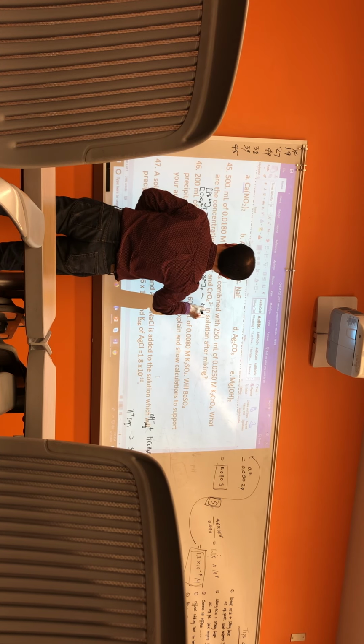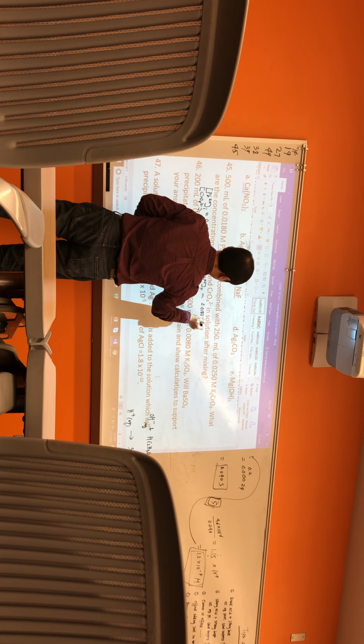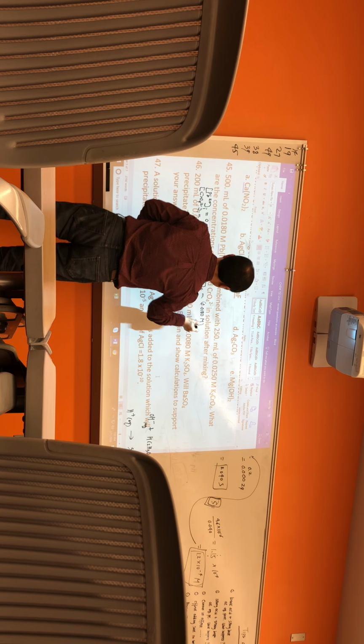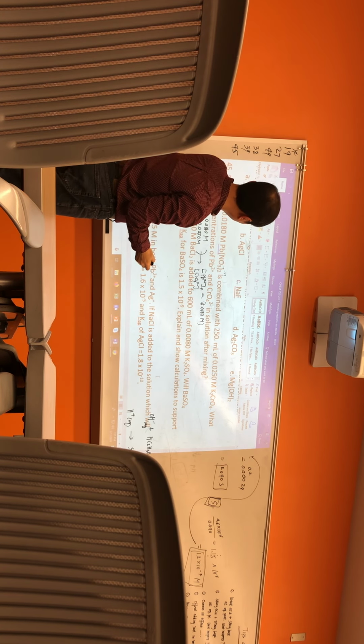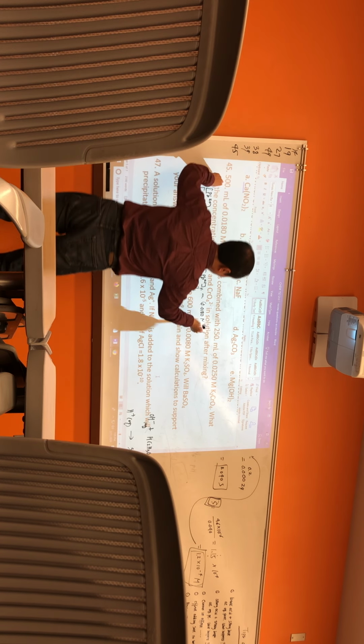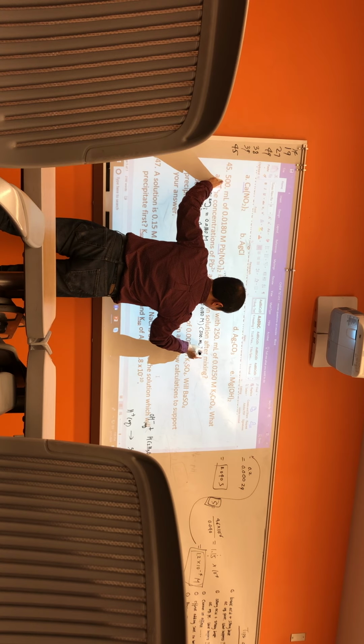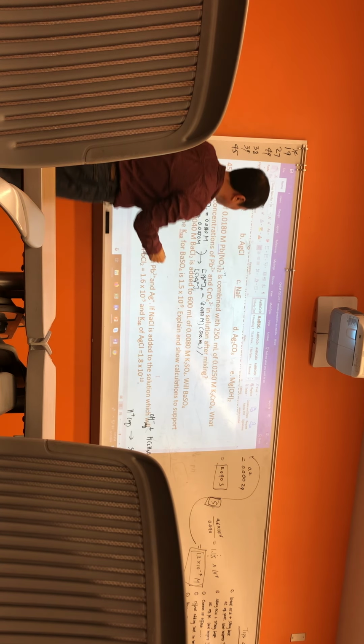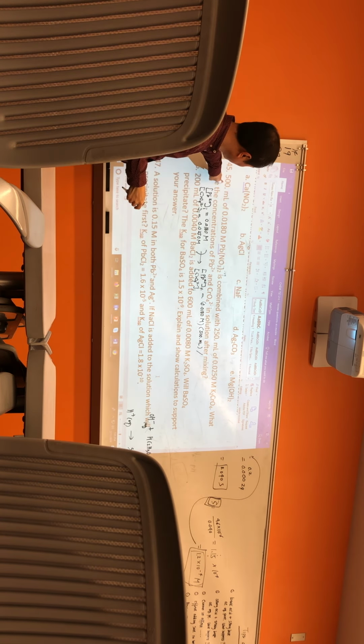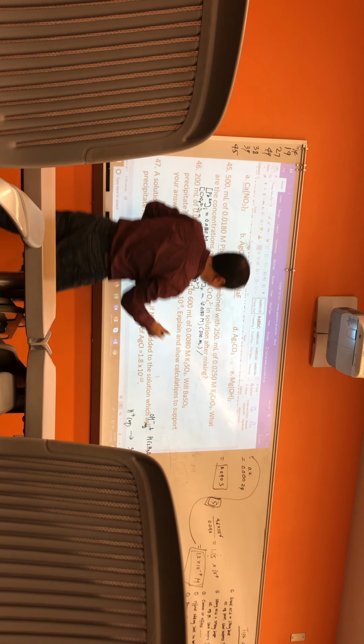The concentration initially times volume, the volume was 500 milliliters. That will give us millimoles divided by total volume, which means 750.